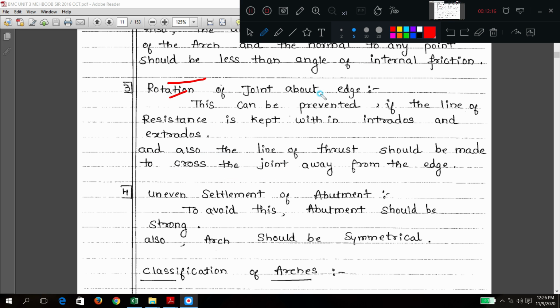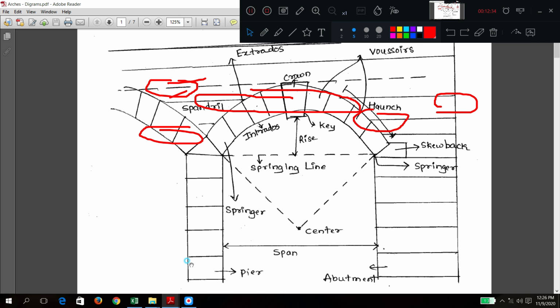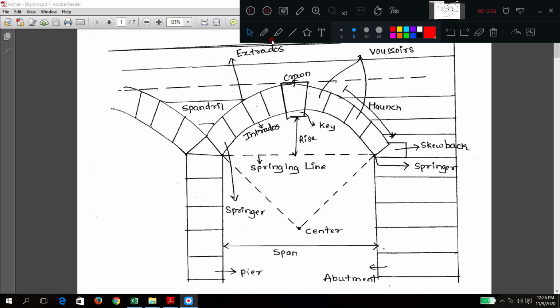Another point: rotation can be prevented if the line of resistance is kept within the intrados and extrados. In the diagram, this is the line of resistance, kept within the extrados and intrados. Just try to understand.